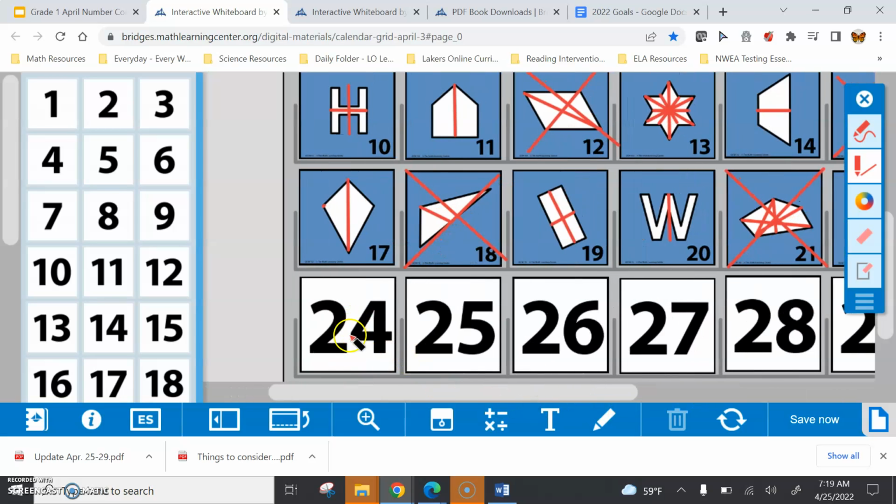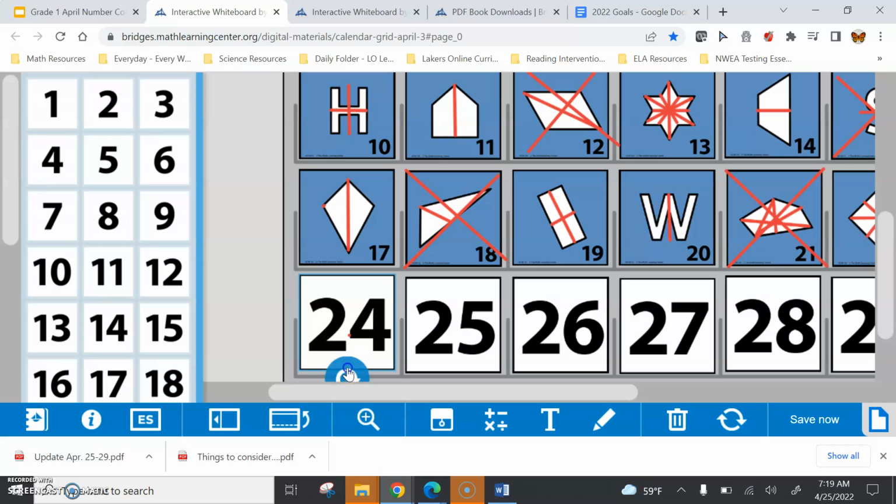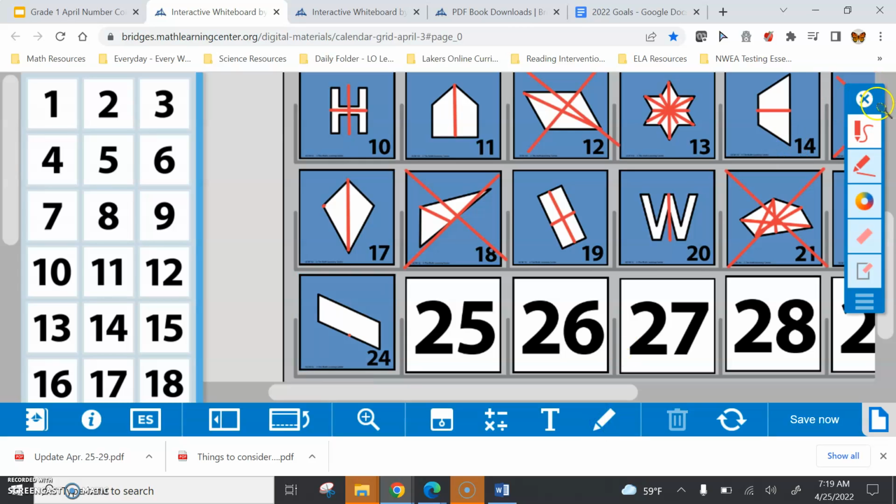Let's see if we can go into our next shape. Click and find out what it is. Ooh. We have a rectangle, another quadrilateral. If we try to draw a line here, would we have the same thing on both sides?